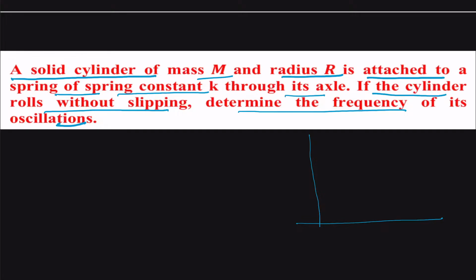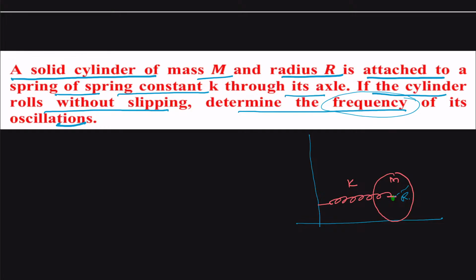Suppose we have a cylinder; this is the axle, and the spring is connected to this axle point. The spring constant is given as k, the solid cylinder has a mass of m and its radius is given as r, and it rolls without slipping. We have to determine the frequency of the oscillations.